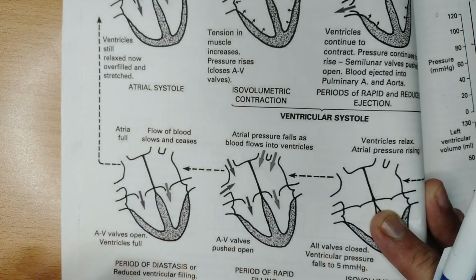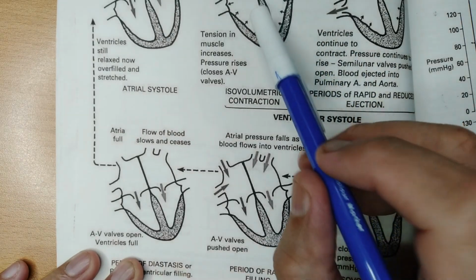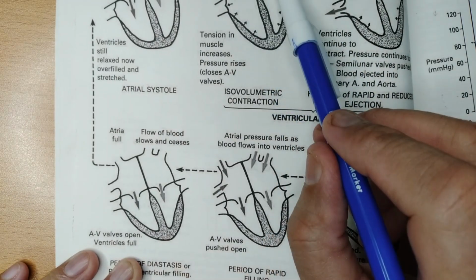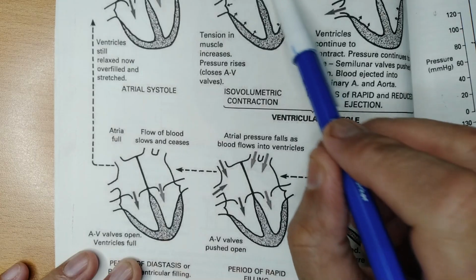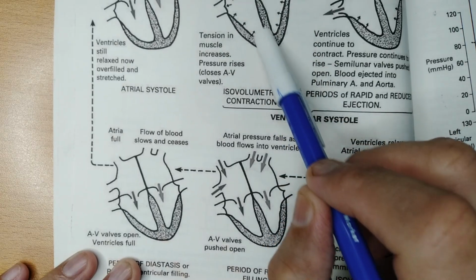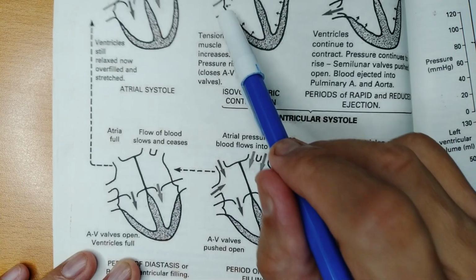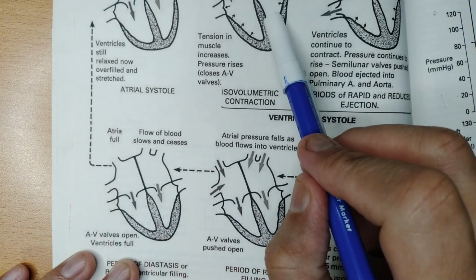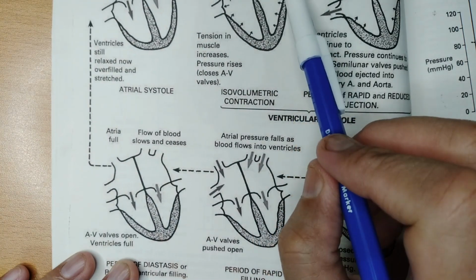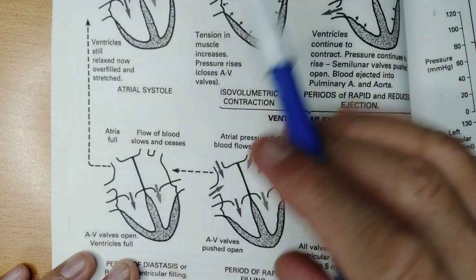At this point we can see that the tricuspid and mitral valves are closed due to the increase in ventricular pressure. The right ventricle not only closes the tricuspid but also shuts the pulmonary valve, and the left ventricle not only closes the mitral but also shuts the aortic valve.